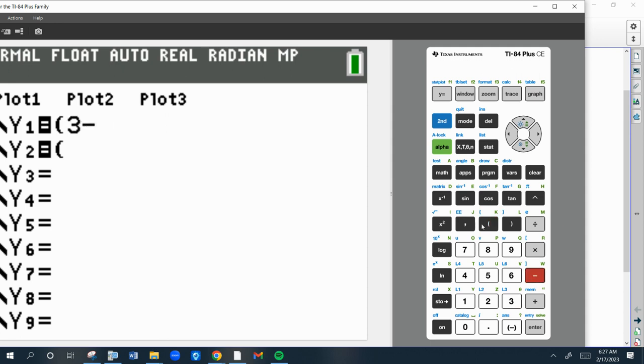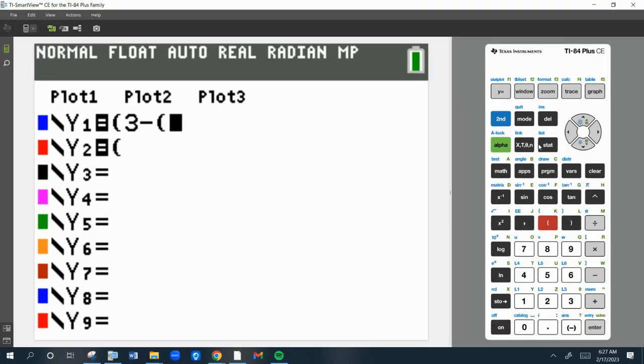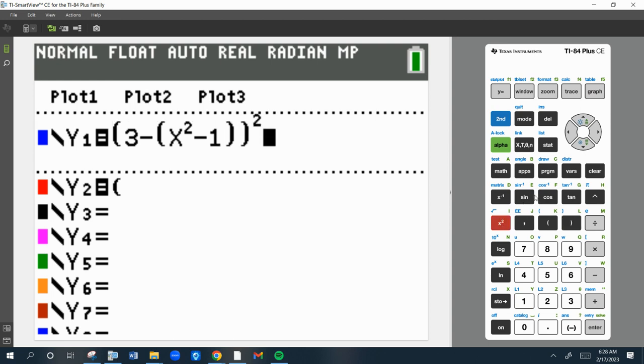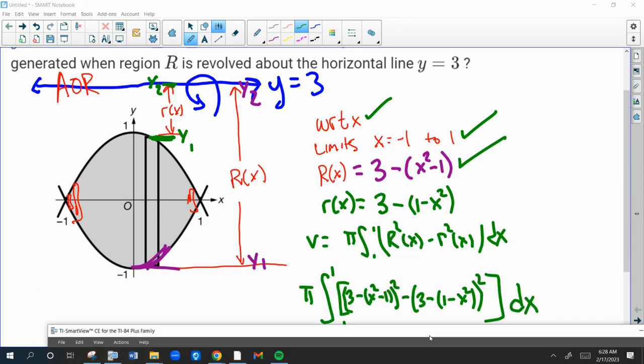Three minus x squared minus 1, quantity squared, and then minus 3 minus the quantity 1 minus x squared.